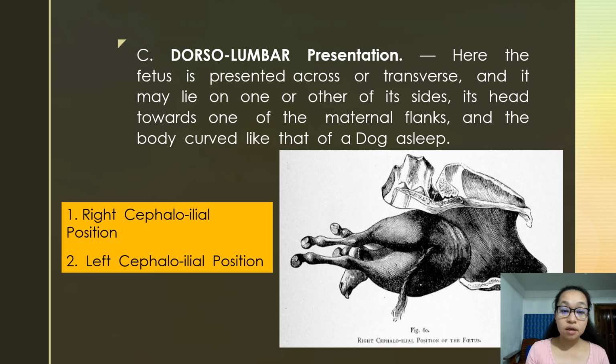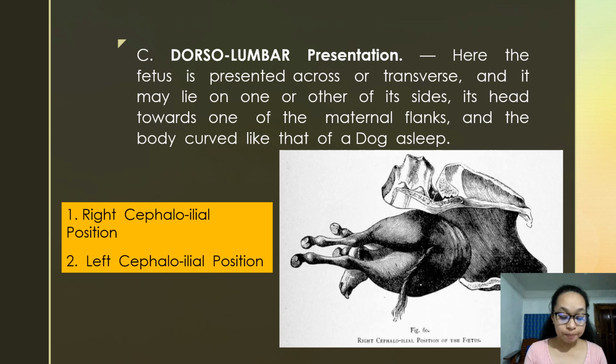So ang next is the dorsolumbar presentation. In here, the fetus is presented across or transverse, and it may lie on one or other of its sides, its head towards one of the maternal flanks, and the body curved like that of a dog asleep.